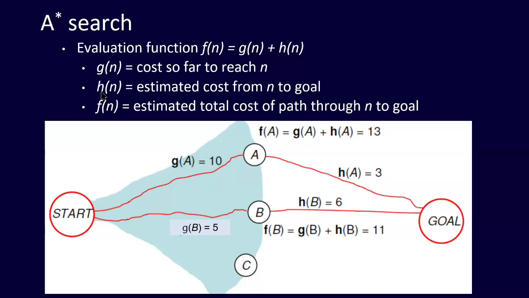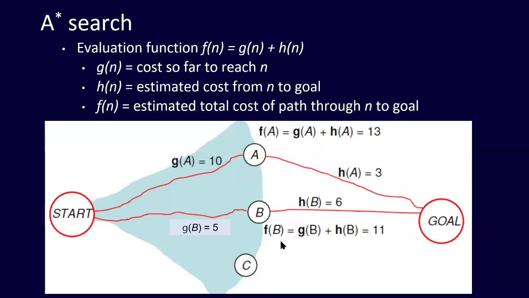And in A star search, we add both of them to calculate f of A, which is g of A plus h of A, equal to 13. And f of B equals g of B plus h of B, equals 11. So in this case, we try B first before exploring A. We prefer this one rather than this. So we sort all the nodes in the open list, taking the one with the least f value.